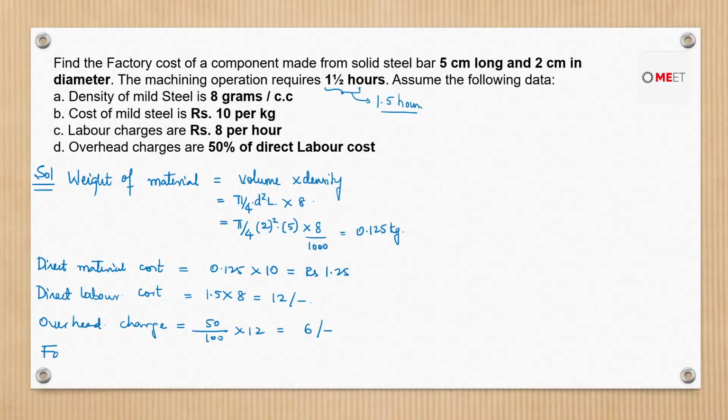So factory cost will be equal to direct material cost plus direct labor cost plus direct or overhead expenses. And that is 1.25 plus 12 plus 6, which is 19.25.